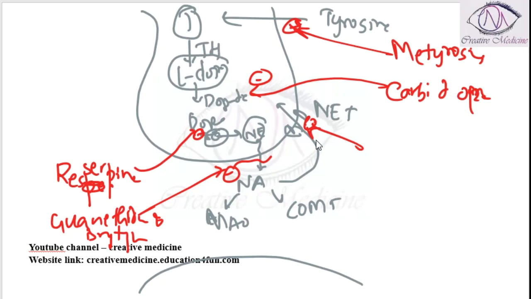All these enzymes which are seen in the catecholamine synthesis are non-specific and they act on closely related substances. For example, this dopa decarboxylase will convert L-dopa to dopamine.